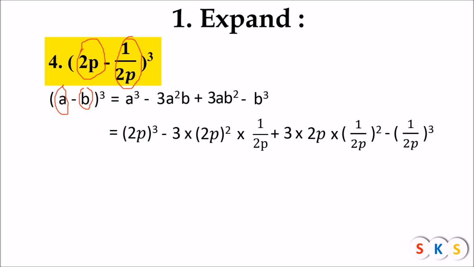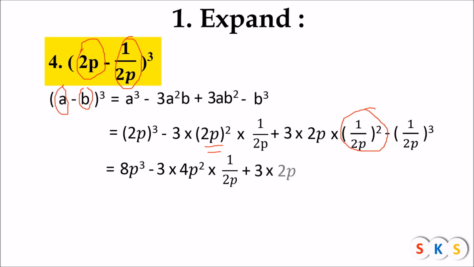Now we'll simplify this further. So cube of 2p will be 8p cube. Now here we will simplify this part first. We will take the square of this. So what will we get here? Minus 3 into square of 2p, which is 4p square, into 1 upon 2p, plus similarly here we will take the square of 1 upon 2p first.